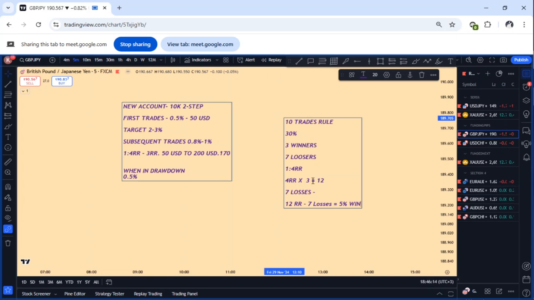So if you see a major break of structure, go half break even. Then when you see the second break of structure, you can go to full break even if you deem fit, especially if you are in heavy drawdown. But if you're not in heavy drawdown, don't be so greedy. Is it greedy really? No, that is being selfish.